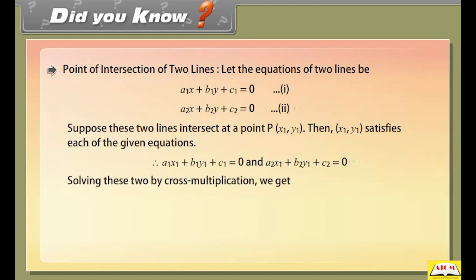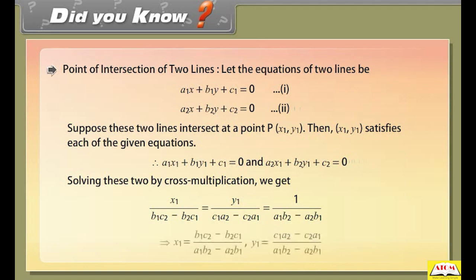Solving these two by cross multiplication, we get x1 by b1c2 minus b2c1 is equal to y1 by c1a2 minus c2a1 is equal to 1 by a1b2 minus a2b1. It implies x1 is equal to b1c2 minus b2c1 by a1b2 minus a2b1, y1 is equal to c1a2 minus c2a1 by a1b2 minus a2b1.